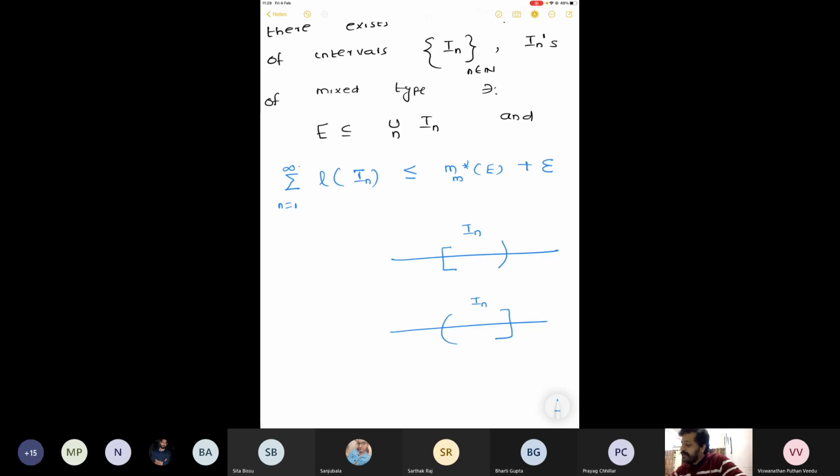Now what I do is, I want to cover this I_n, or enclose this I_n, with an open interval, let us say I_n'.